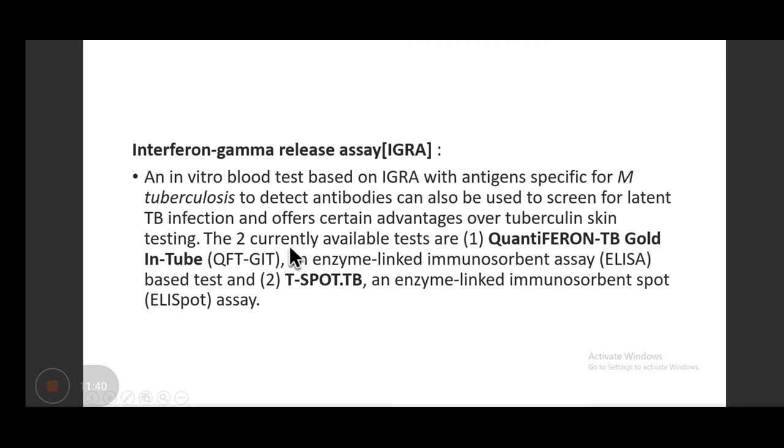The main advantage is that the patient will not have to come again. It's faster. The two currently available tests that we use are QuantiFERON TB Gold Tube, which is an enzyme-linked immunosorbent assay-based test, and T-SPOT TB, which is an ELISpot assay. You just have to remember the names: QuantiFERON TB Gold Tube and T-SPOT TB.